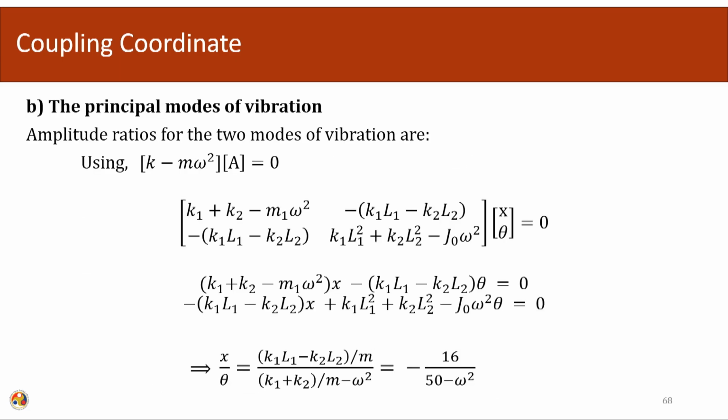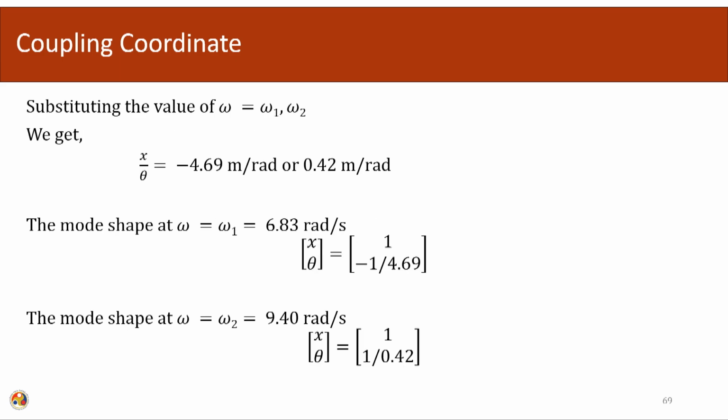After that, if we put the values of omega individually, we will get the mode shape. Similarly, using what we learned earlier, we get the mode shape for the first mode and for the second mode.